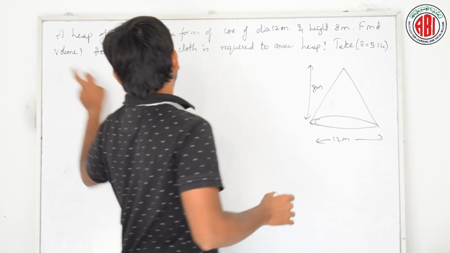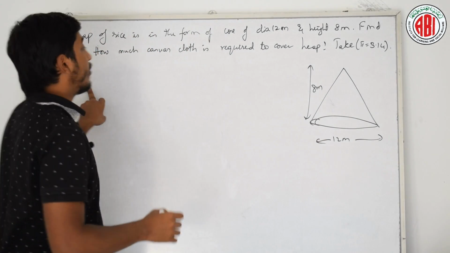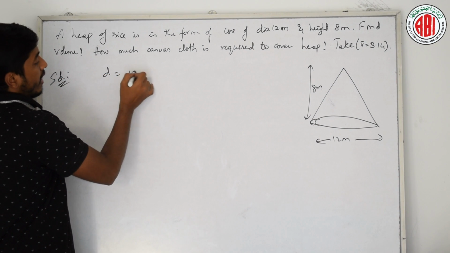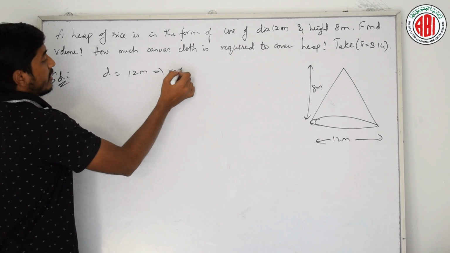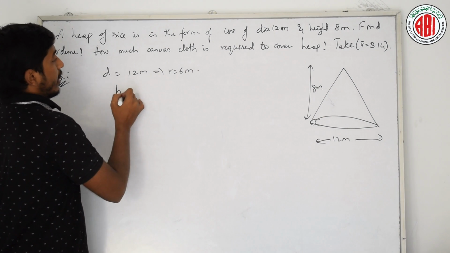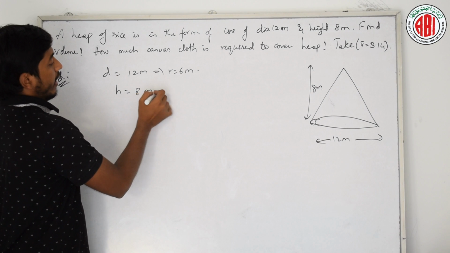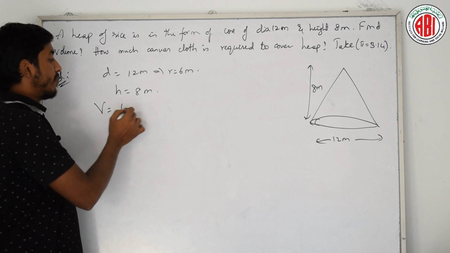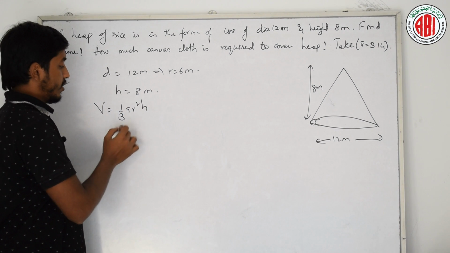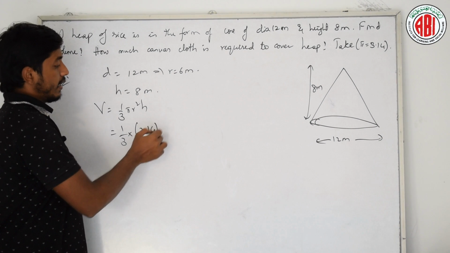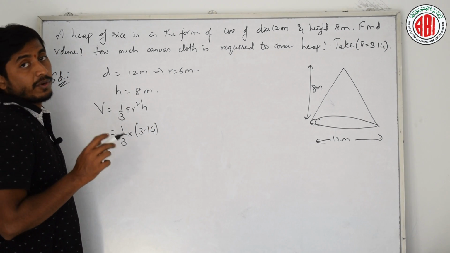He is asking us to find the volume. Now tell me, what is given? Diameter is 12 meter, which means radius is 6 meter. Height is given as 8 meter. Volume of a cone is 1 by 3 pi r square h. He clearly says to take pi as 3.14.